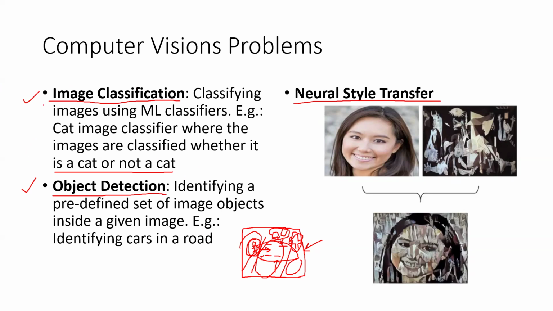But with deep neural networks we could achieve the human level and even surpass the human level when it comes to image classification and object detection. But even before machine learning, there were computer vision algorithms that could solve these problems.